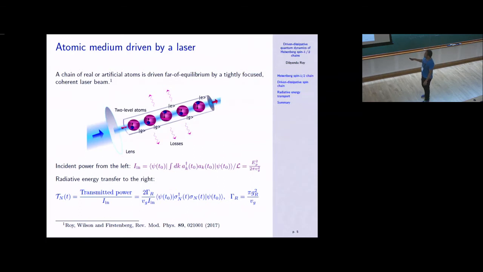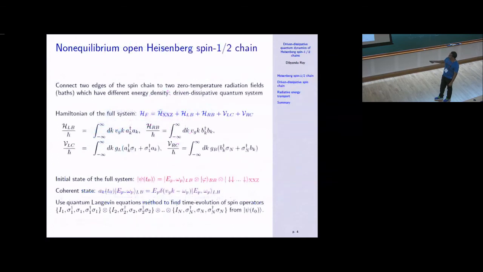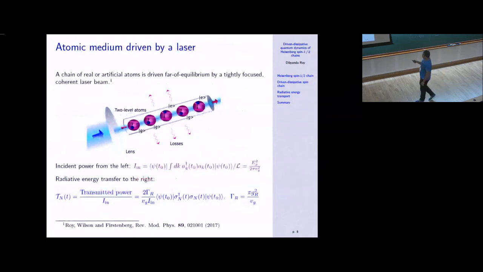The broadenings are presented by gamma R, or a similar expression for gamma L, which is the square of the coupling amplitude I showed on the previous page. This is the coupling rate, sorry. And the transmitted power, which I will calculate in this problem, can be calculated from this expression.